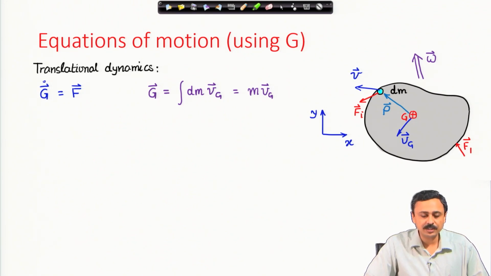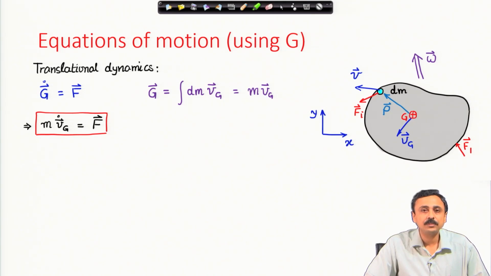If you substitute this expression of the linear momentum vector, you get mass times acceleration of center of mass equals the force. This is for the situation when the mass of the body is constant.